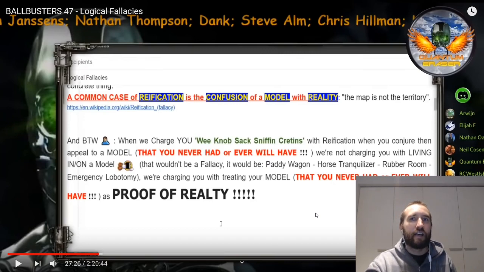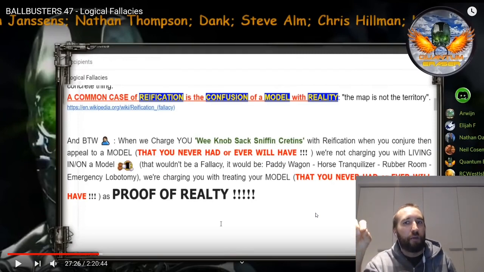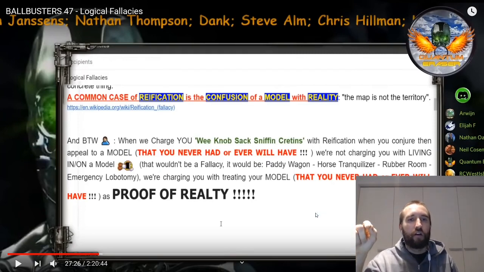You shouldn't think that the model is the actual reality, but it's totally okay to use Newtonian equations to calculate gravity. We are not claiming that those calculations are the gravity. We are just saying that those calculations represent reality, and that is what we need to understand about this fallacy.